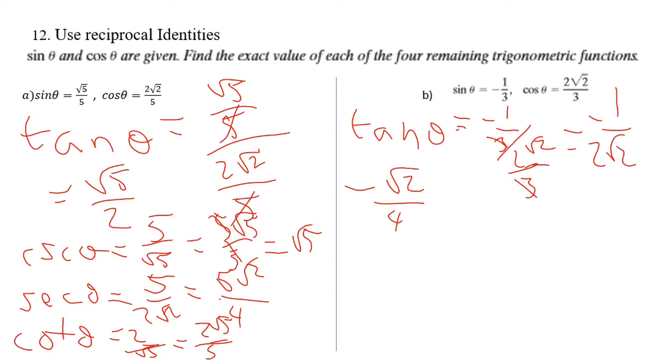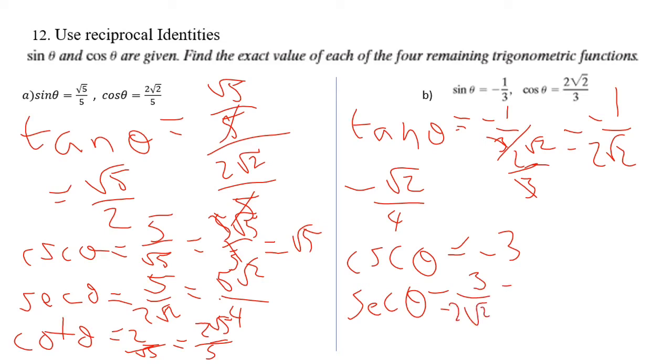So let's get our reciprocals. Reciprocal of negative 1/3 for cosecant is negative 3. For secant, we're getting the reciprocal of 2 root 2 over 3, which is 3 over 2 root 2, which is equal to 3 root 2 over 4.